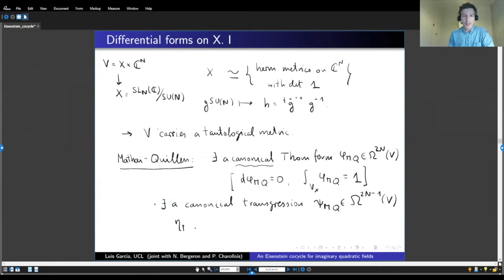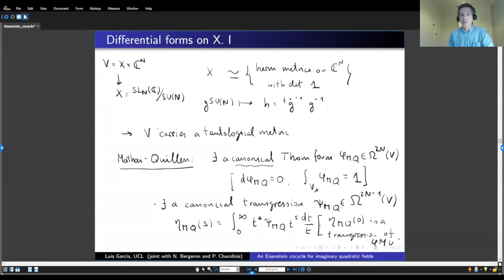And using it, one can take its Mellin transform, which is given by this expression, the integral of psi(t) t^s dt. And one reason one does this is that zeta at 0 is a transgression of phi.